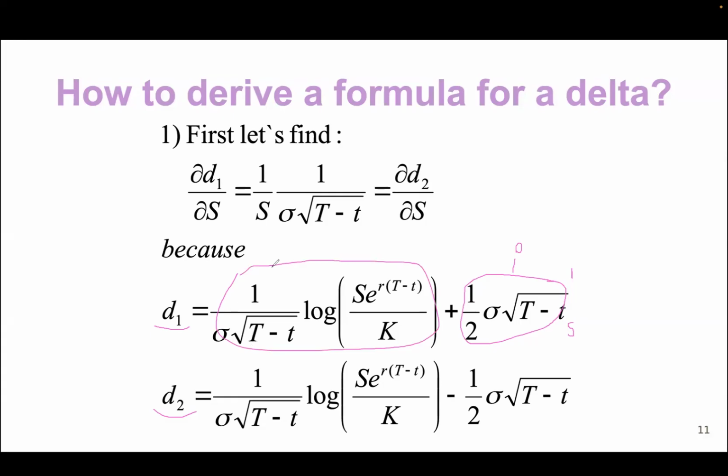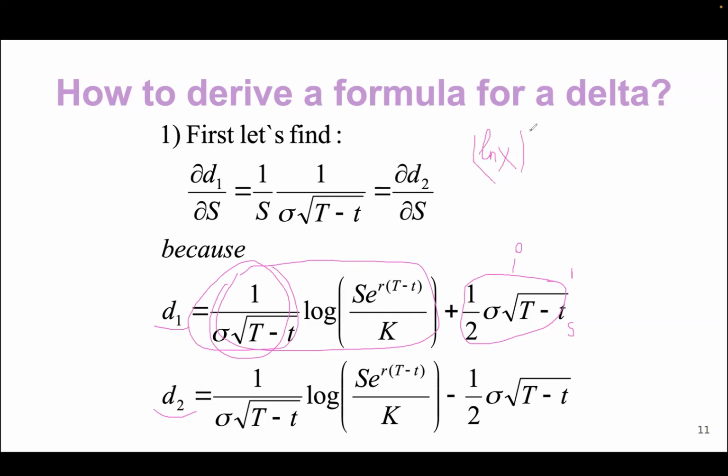This is like a coefficient, yes? Sigma S we don't have. So we need to just find the derivative of the log. Do you remember the derivative of ln x?